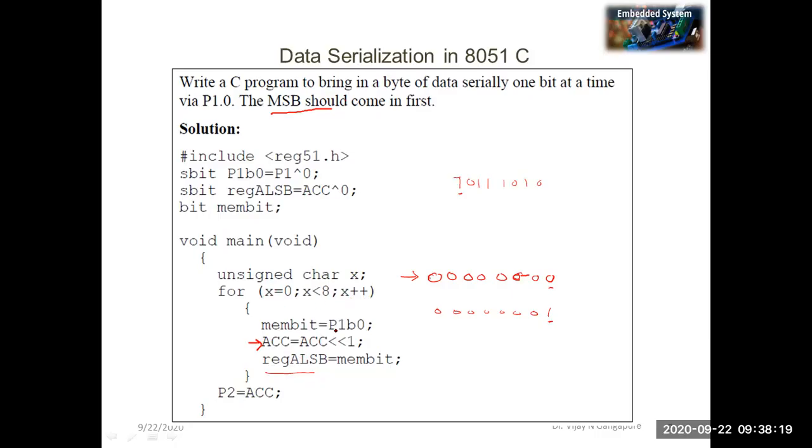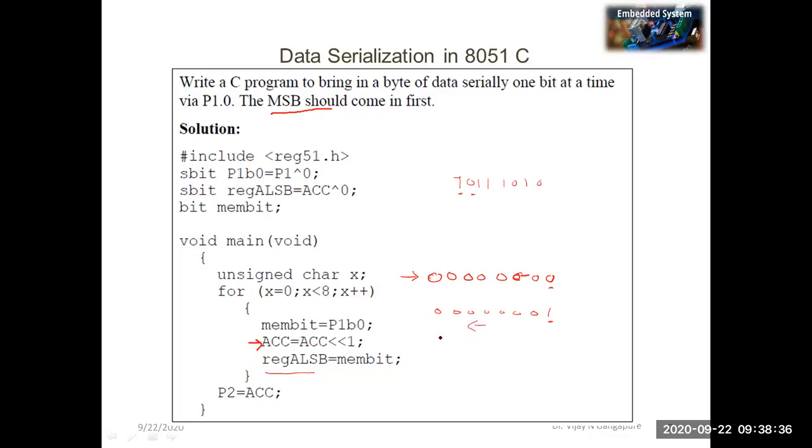Now mem bit is equal to P1.0. Again pin number 0 of port 1 will get read, and whatever data is now available, which will be 0, will get received in mem bit, and then the accumulator will get shifted towards left by one position.